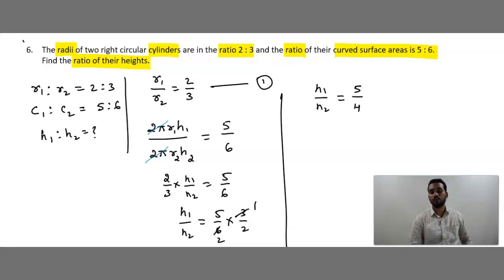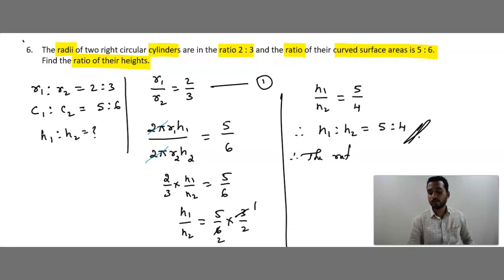That is 5 by 4. Is it cancelable? No. Keep it in fraction. Therefore, H1 is to H2 is equal to 5 is to 4. So what is the answer? The ratio of their heights is 5 is to 4.